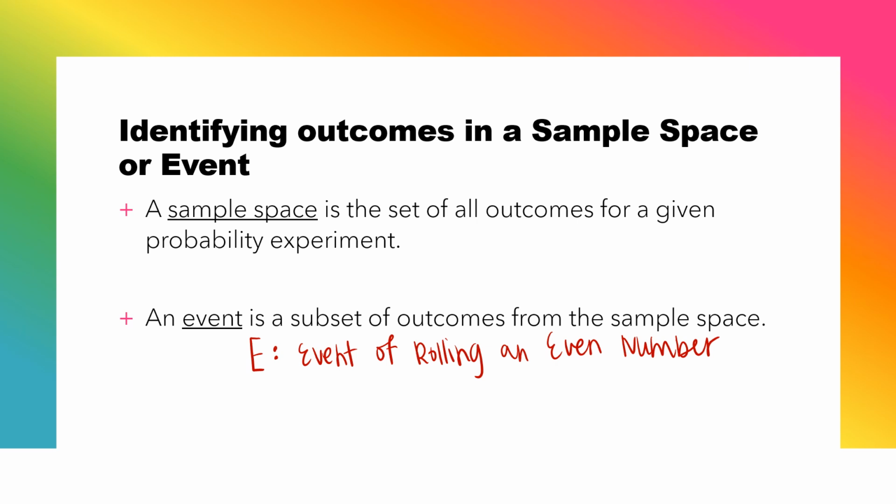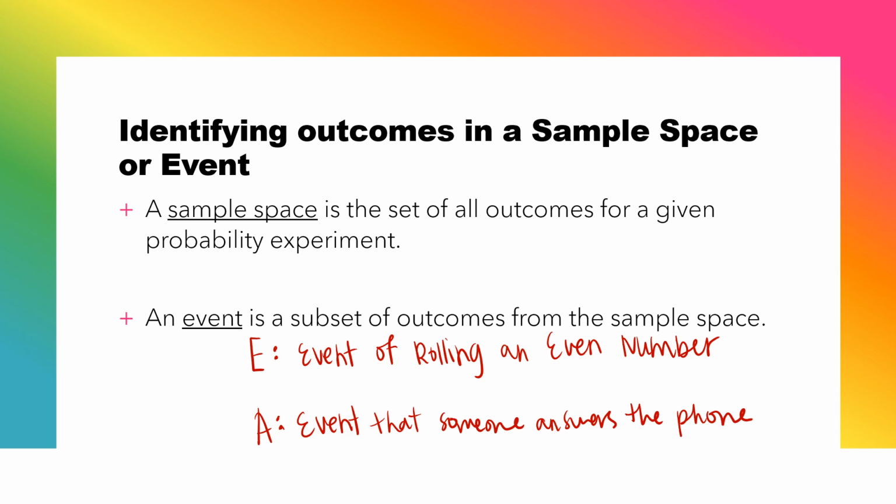Or we might call it A, if you're a telemarketer, the event that someone answers the phone. So you name events with capital letters, and we try to name them something meaningful. That way, when we look back at that later, it makes sense in context.